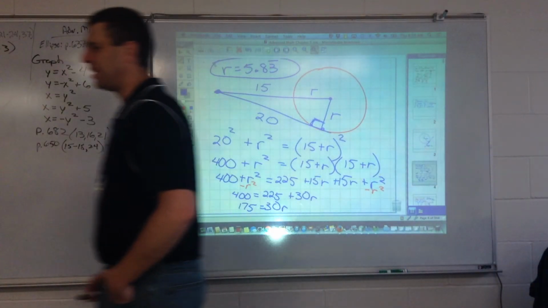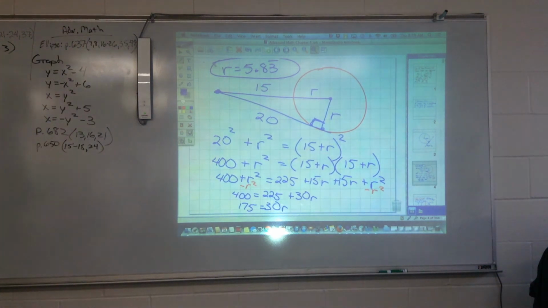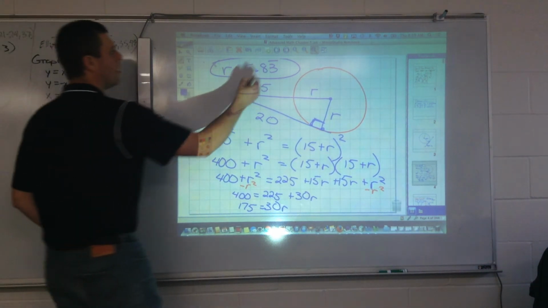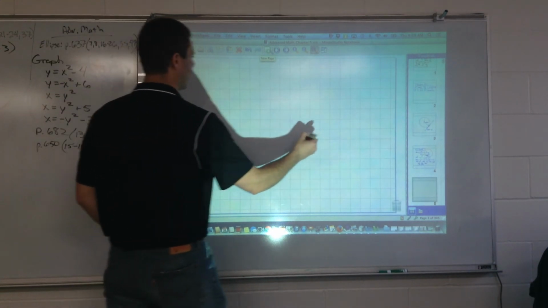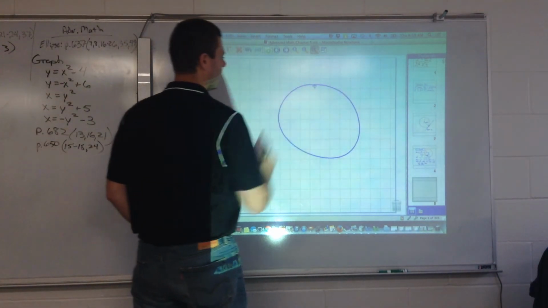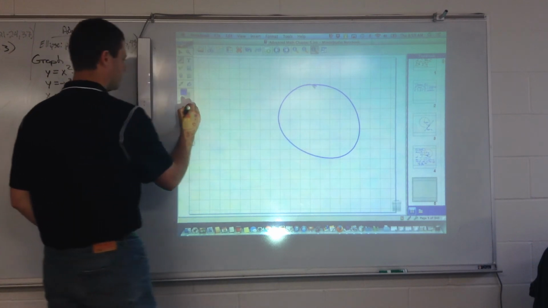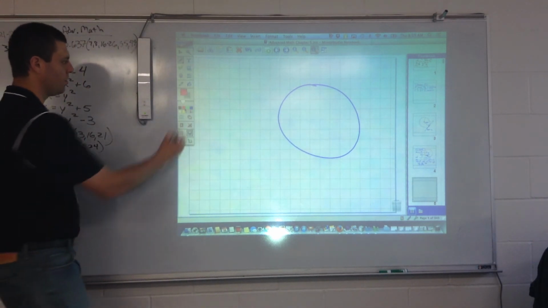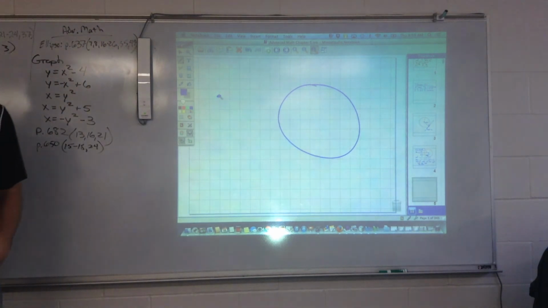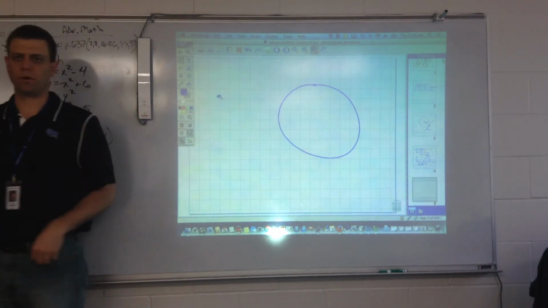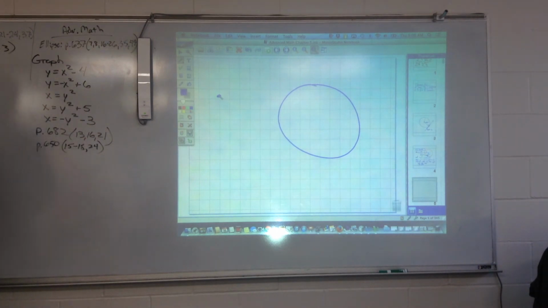Okay? And then the last thing, the last theorem, I'm not going to write it out, I'm just going to draw a picture of it. If you have a circle, and you have a common point somewhere outside the circle, how many tangent lines could you draw that go through this point? 2.